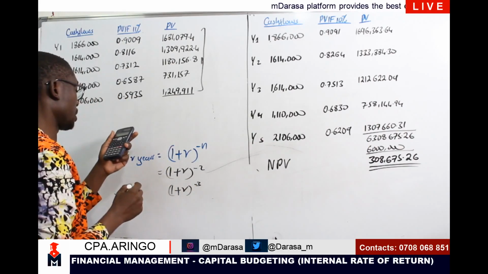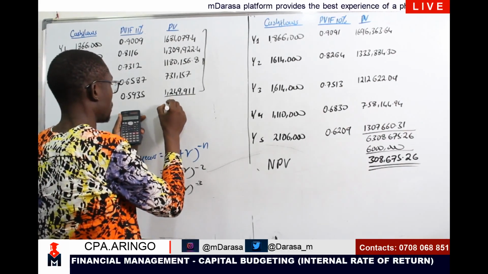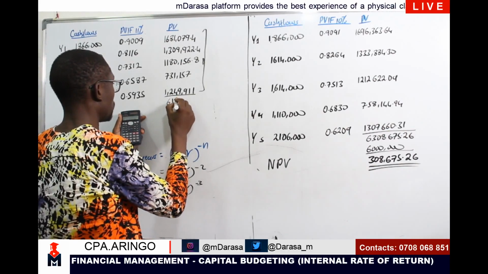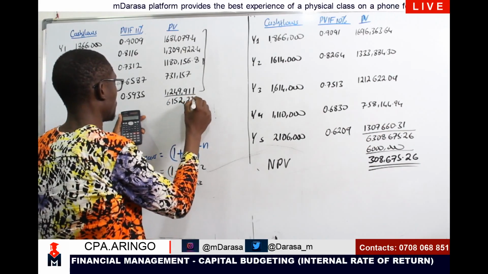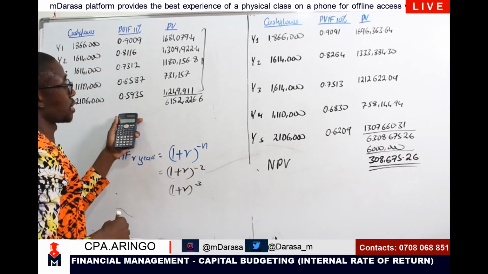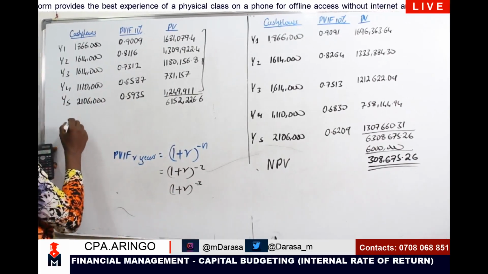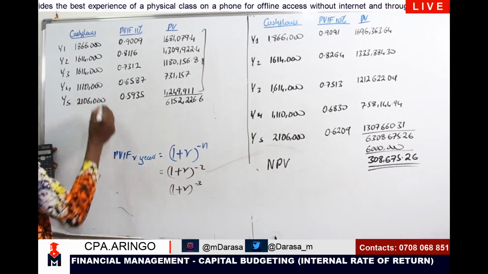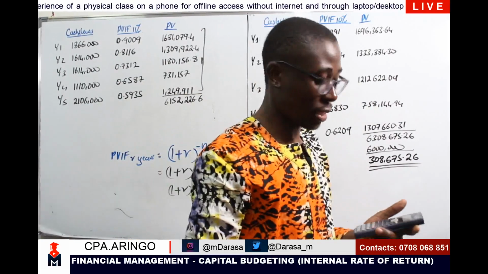I can clearly see I'm having a figure of 6,152,226.6. So that is the figure that Mwalimu is getting to be our total cash inflows, the present value of the cash inflows.